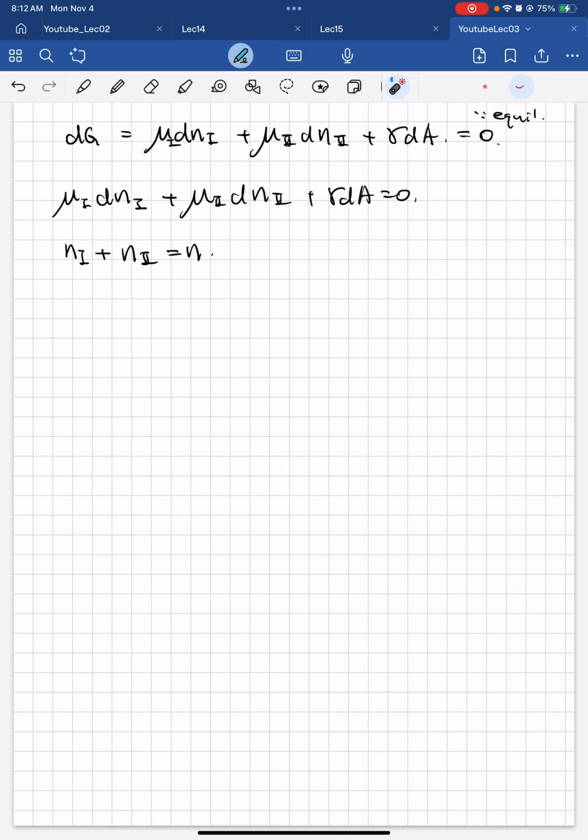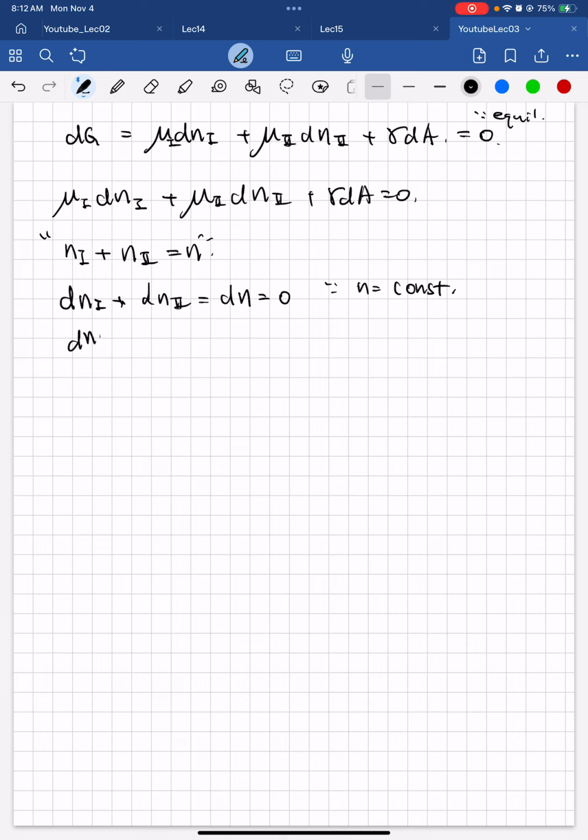So this equation, right? And you can get another equation from this. That is dN equals to 0, N equals to constant.